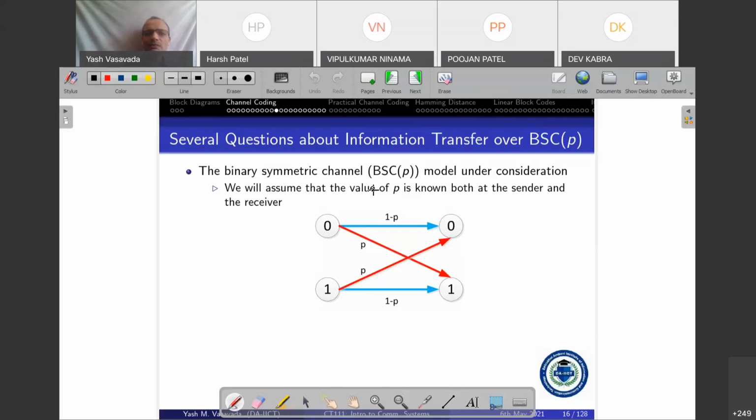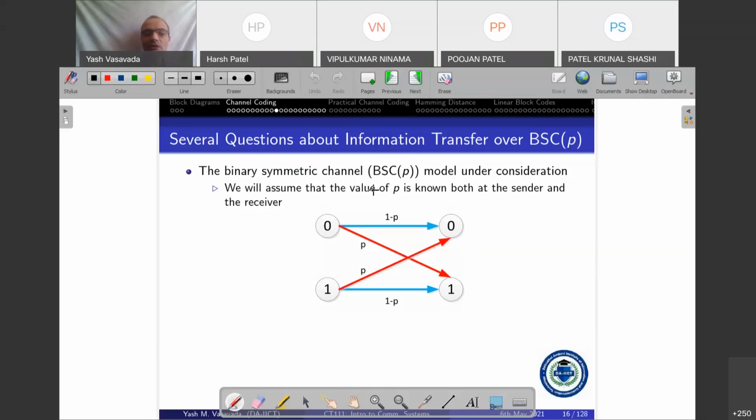So we are going to assume this BSC channel that we all are familiar with now. We are assuming that there'll be a certain value of P, the crossover probability. And we are also going to assume that this value of P is known both at the sender and the receiver, the source and the sink of the information.